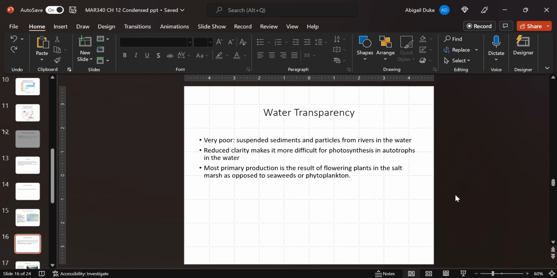It's hard to see through the water because of some particles from the river, and because of that, the light can't shine through, so therefore photosynthesis really can't take place for those autotrophs. So yeah.